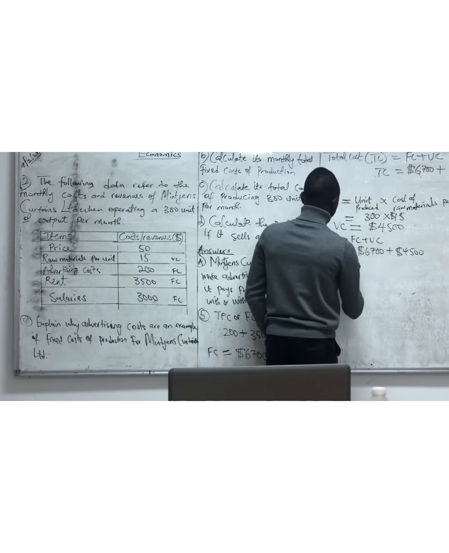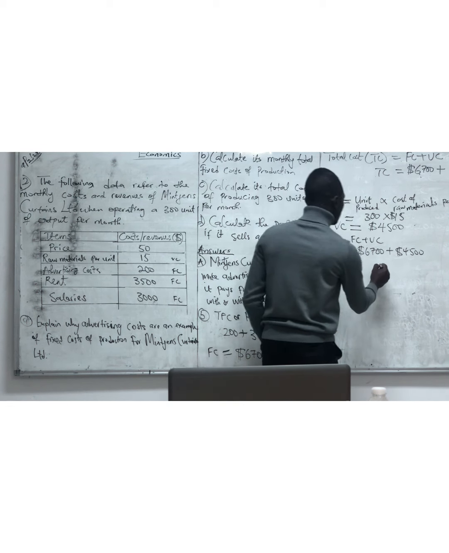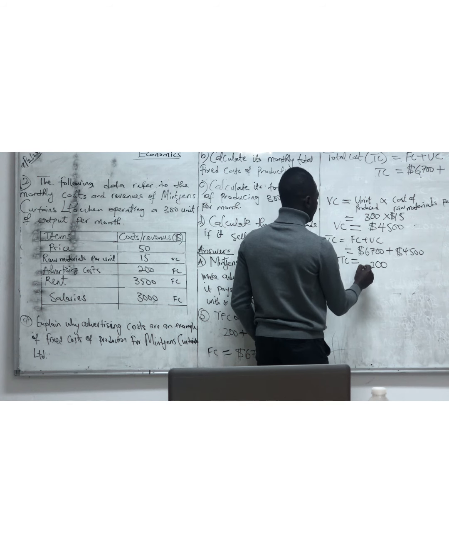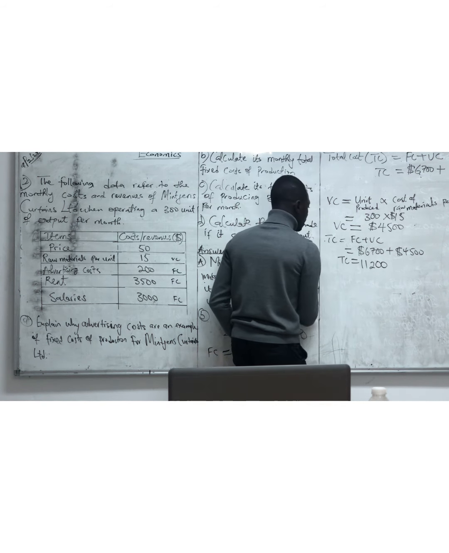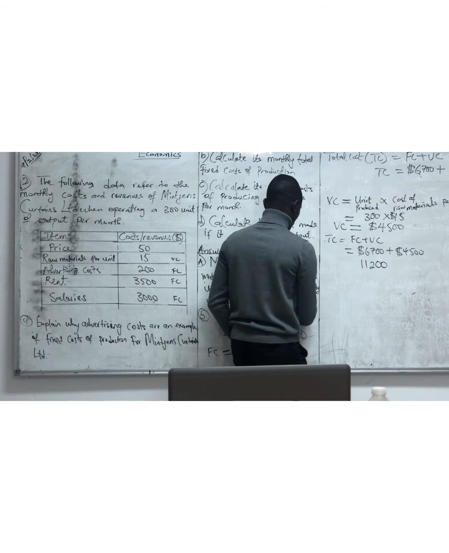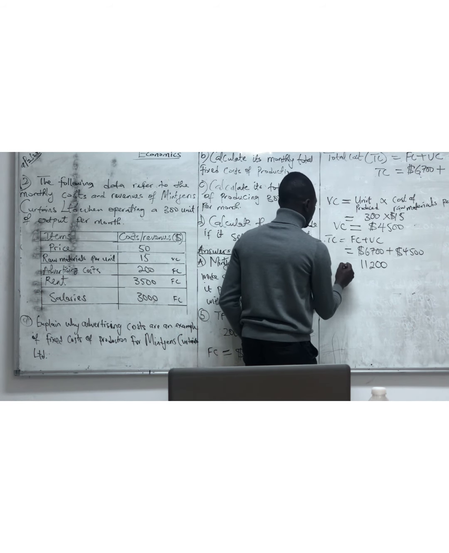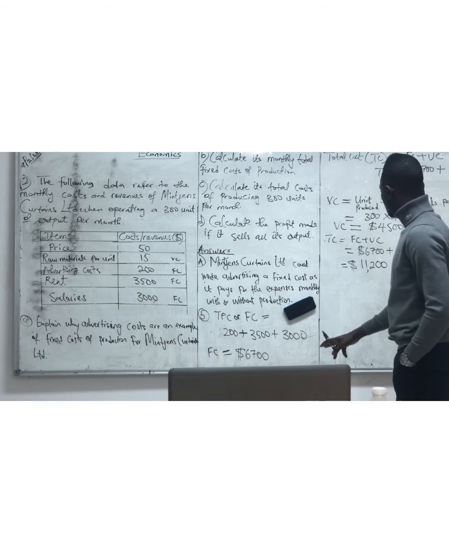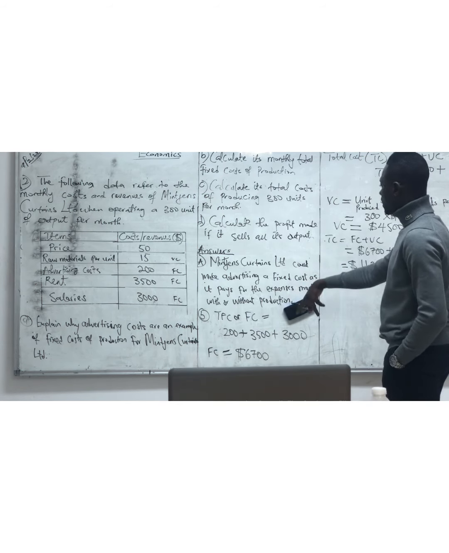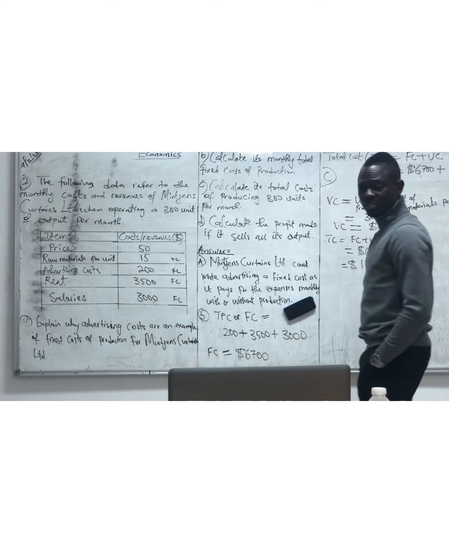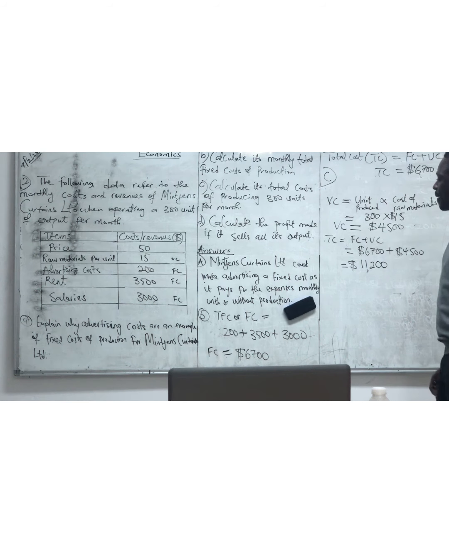What's that? $11,200. This $11,200, that's for C, right? That's question C. Is it clear?